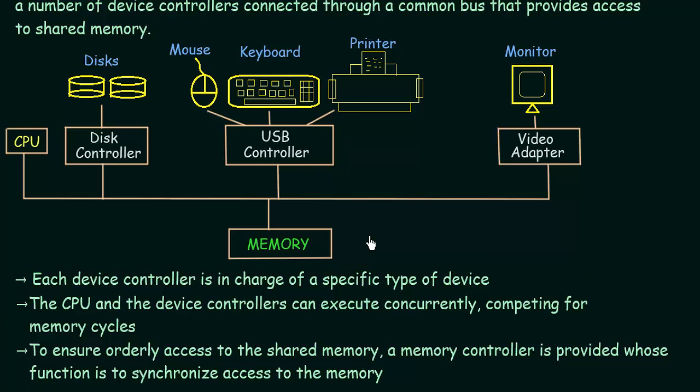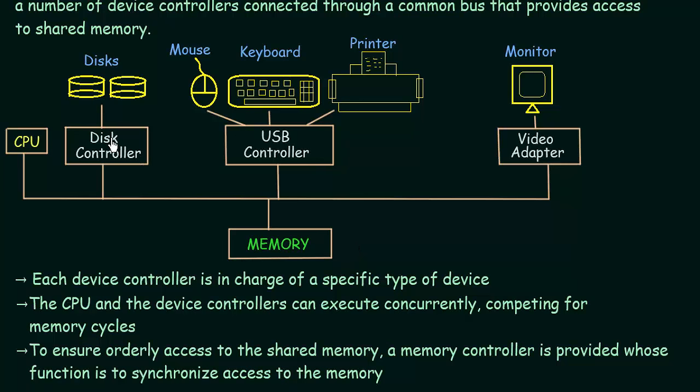And now we need to ensure that all of these devices get their required share of memory so that they can be loaded correctly and executed in the right way without any problem for the user. So we have a memory controller here, which ensures that every controller or device gets the proper access to the memory that it needs so that it can work smoothly. So the memory controller synchronizes everything and makes everything work in a very smooth way.